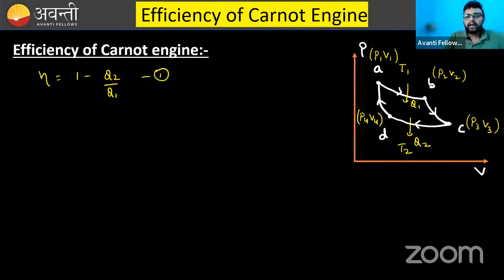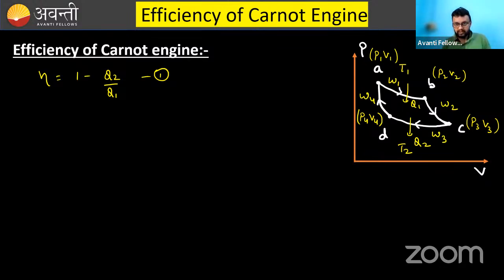Now I am assuming one more thing: let's suppose during AB, work done is W1, during BC, work done is W2, here work done is W3, and here work done is W4. I am assuming the work done in each process.